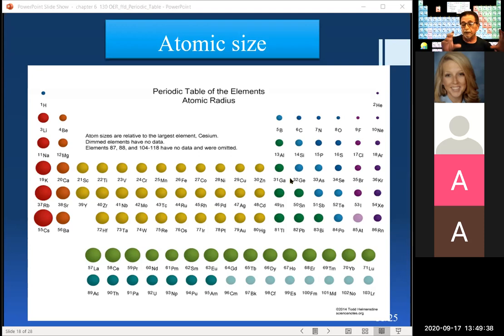So you can see from the main group elements, the trend decreases as you go from left to right, correct? As you go from sodium all the way across to argon, you can see the diameter is much smaller for argon than it is for sodium, right?